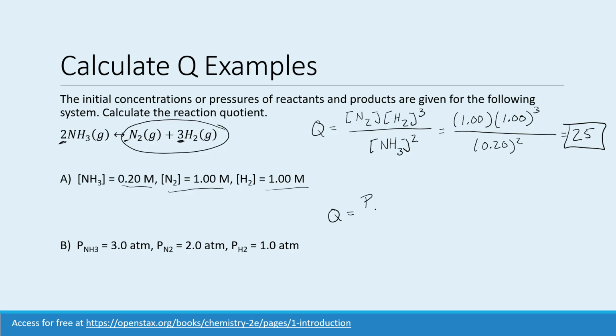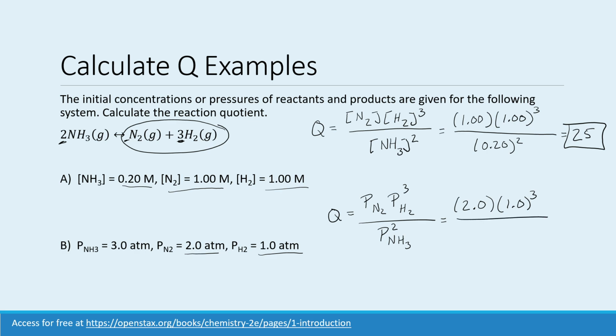Now, in the second example, we can rewrite this equation, but it's going to look basically the same. You're looking at partial pressures, so it's going to be the partial pressure of the nitrogen gas times the partial pressure of hydrogen gas raised to the 3rd power, divided by the partial pressure of ammonia raised to the 2nd power. Okay, and so again, we're going to plug in those partial pressures, ignoring units. And so the partial pressure of nitrogen gas is 2.